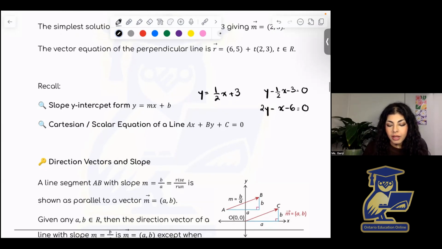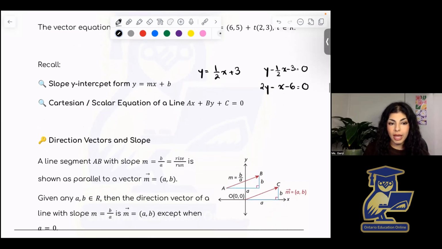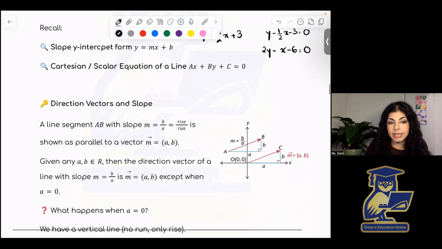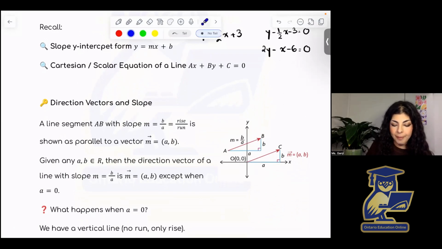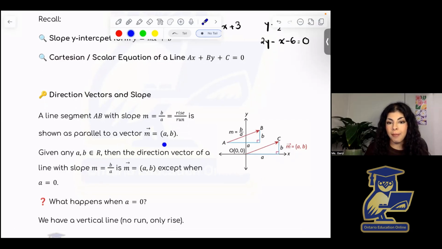Now, connecting this back to what we've been working with: if a line segment AB has the slope m, and remember, we've used m before for slope, and we're making a connection between that m and the direction vector m, which has just the arrow on top. If we have a slope b over a, which is rise over run, and remember, b corresponds to the y component, so it is the change in y over the change in x, this is parallel to the vector m, which is AB.